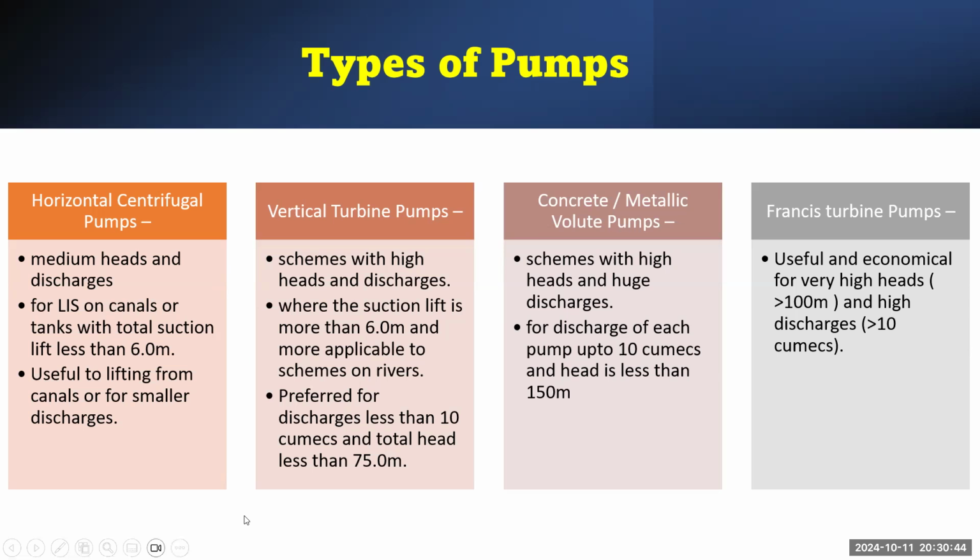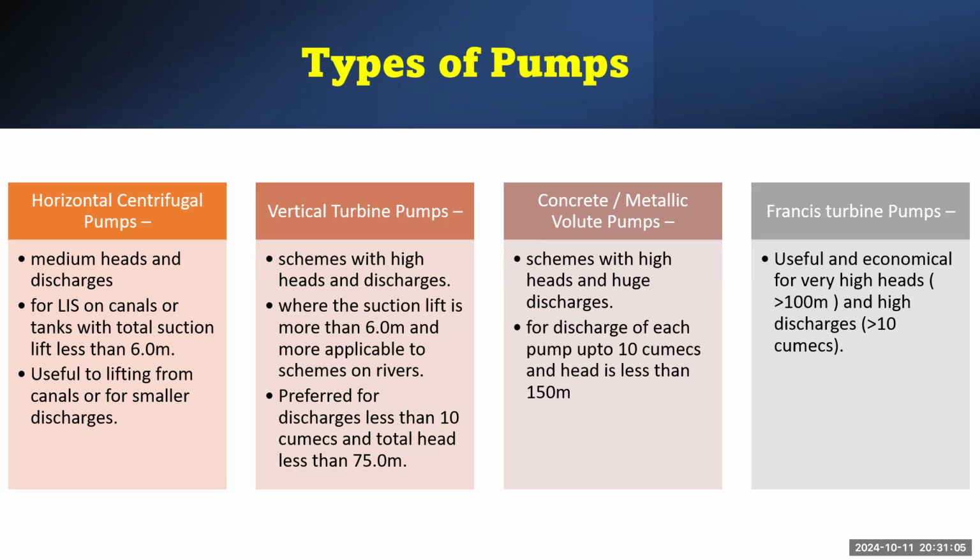Then second is the vertical turbine pump. Vertical turbine pumps are used when there is a high head and high discharge, where the suction lift is more than 6 meters and the discharge is up to 10 cumecs, or the total head is up to 75 meters.